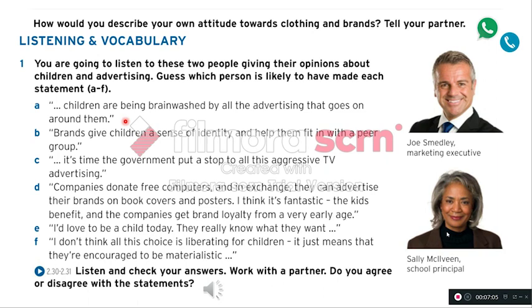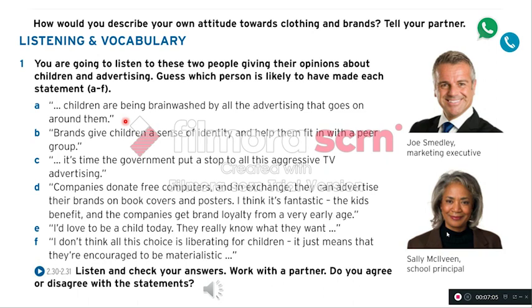Another key concept for advertisers is peer pressure. Children want what their friends have. Playground credibility is very important. In other words, brands give children a sense of identity and help them fit in with a peer group. So you can see children are a very important market for us, and in return, we like to promote education. This is something that's already happening across America.